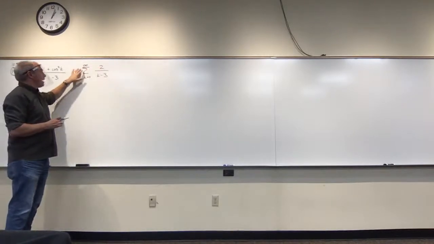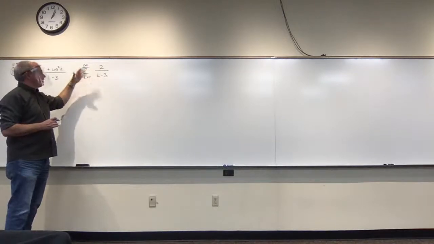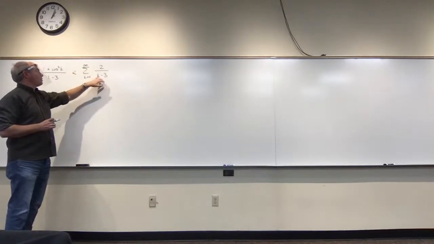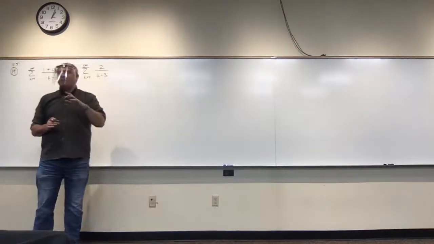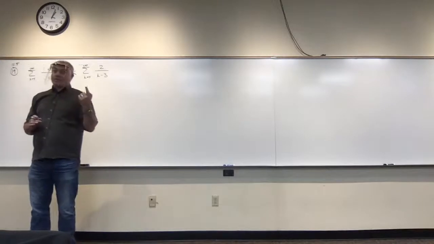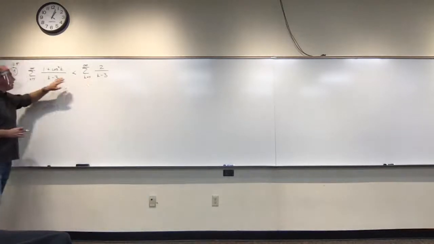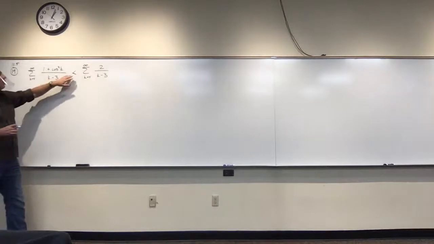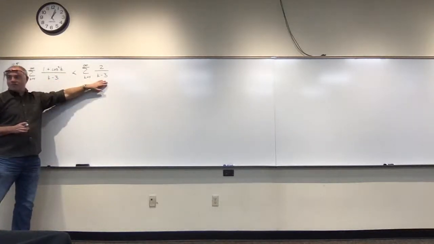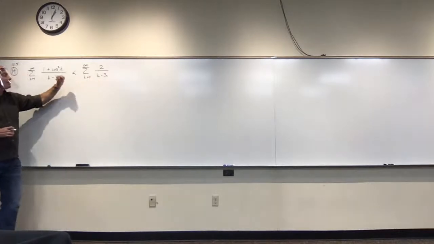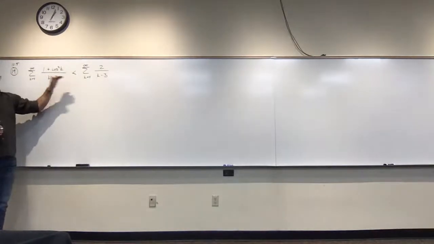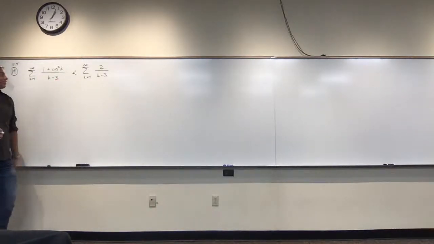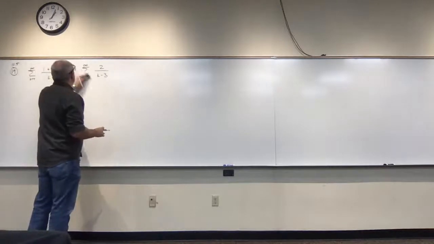The 2 could come out, then I have 1 over k minus 3, but it starts at 4, so this is kind of like a 1 over k situation. And does that converge or diverge? It diverges. So what I know is the thing that I want to know something about is smaller than something that diverges. That's unhelpful. Does everybody agree? If something is smaller than something that diverges, it still could diverge or it could converge. So that's not so helpful, so this wasn't such a good comparison.